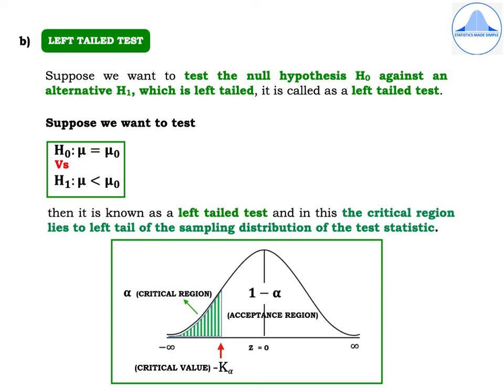The red arrow indicates the critical value, which is minus k alpha. For a right-tailed test, the critical value was k alpha. For a left-tailed test, the critical value is minus k alpha, and it is the value of the test statistic which separates the critical region and the acceptance region.